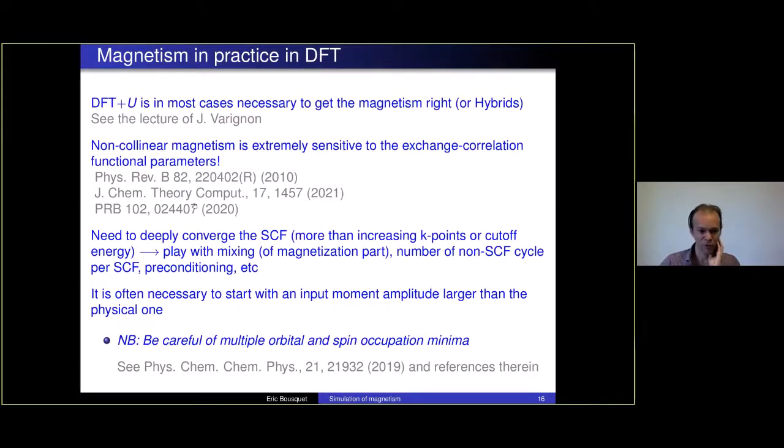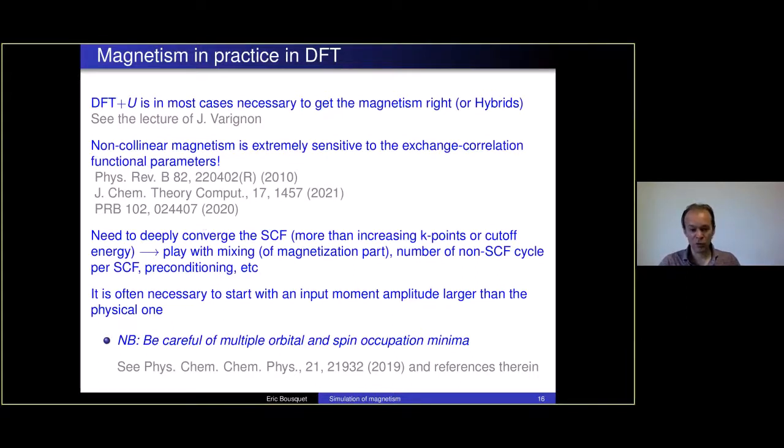I give you some references here to see that in some cases, without experimental measurements, I'm not sure we can really predict in advance with DFT what is the exact ground state non-collinear magnetism. Mostly for non-collinear magnetism, I would say. And another thing as well: often we say, oh, spin orbit coupling is a small interaction, we have small cantings and so on, and often you need to increase a lot the numerical precision.